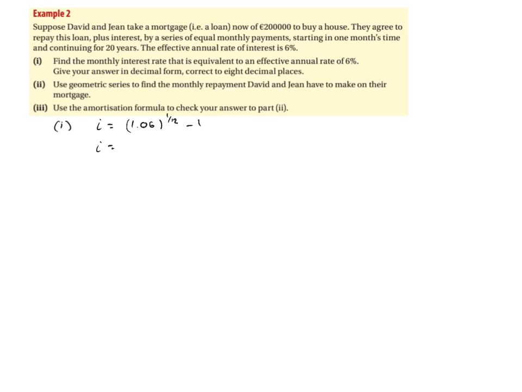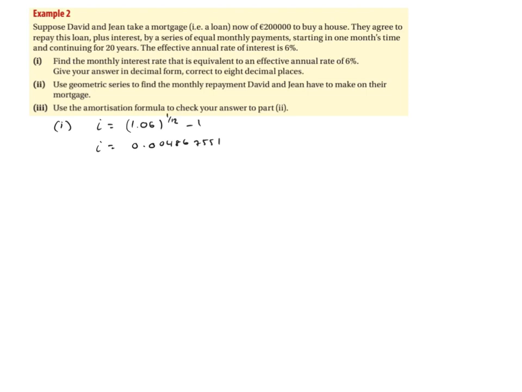So our I here is equal to 0.004867551. And lads, we did this in the last section. So this is where this interest rate is coming from. It's the annual rate taken to the power of a 12th, take away 1. It's really important that we know how to do this, because we're going to need this quite a lot when we're working out financial maths.